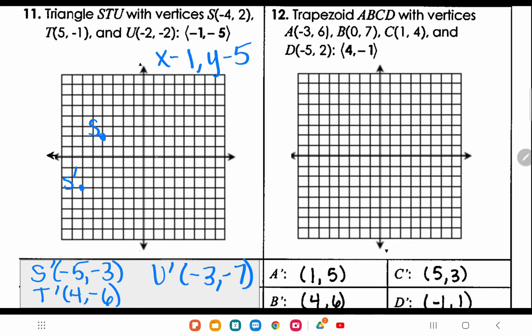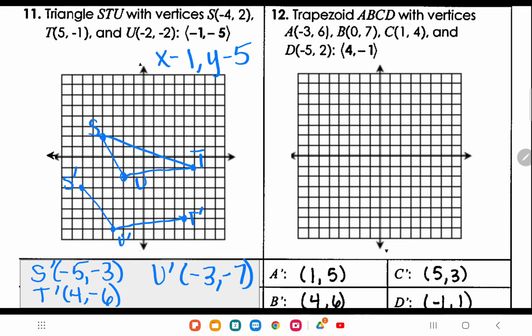T. It's right here. And T prime is right here. And U is here, and U prime is right down here.